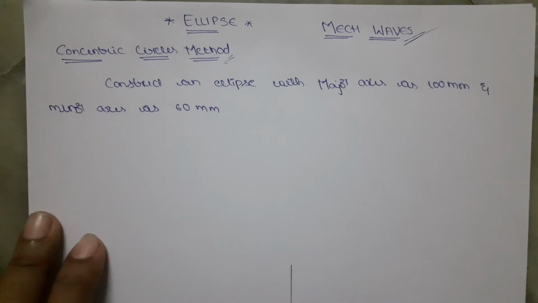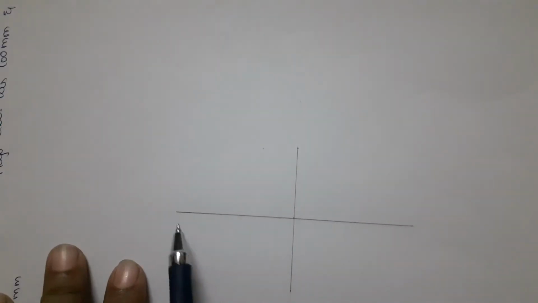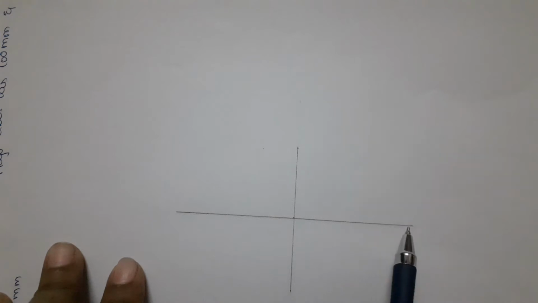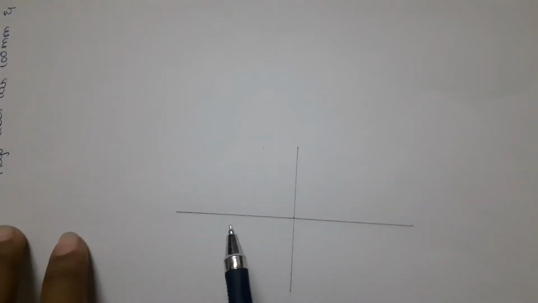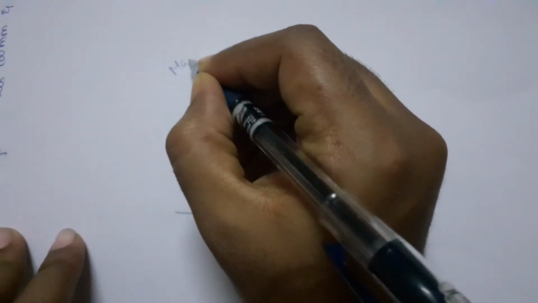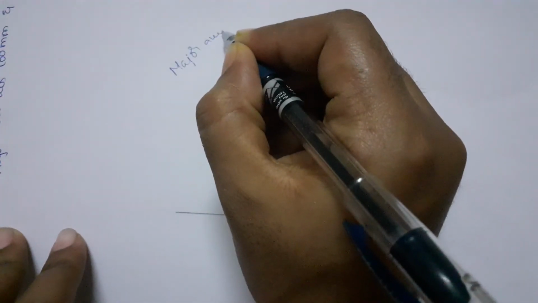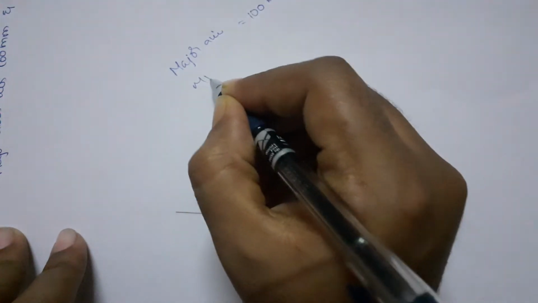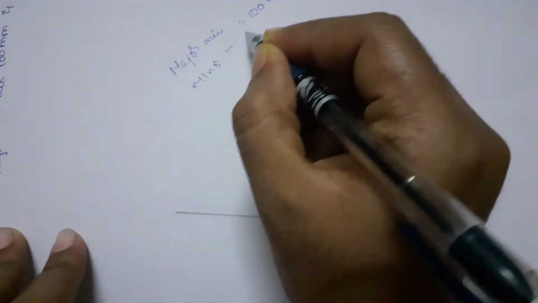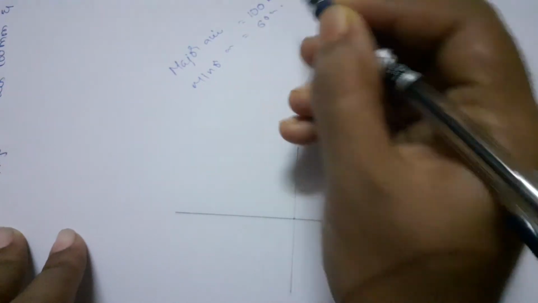The first step we have to do is draw the major axis. The major axis will be a horizontal line of 100 mm length. So we have the major axis given as 100 mm in length and minor axis as 60 mm.